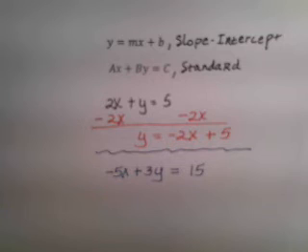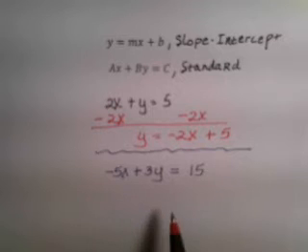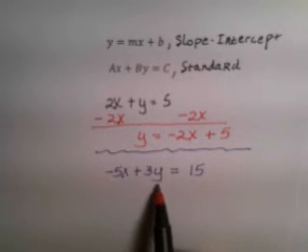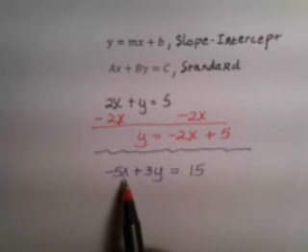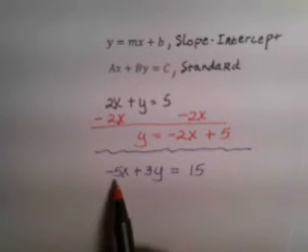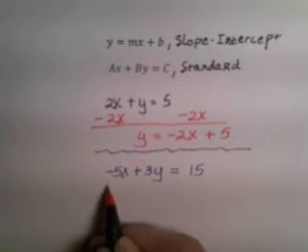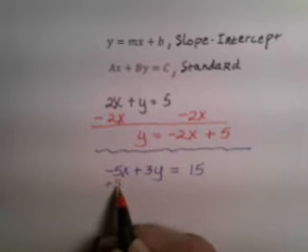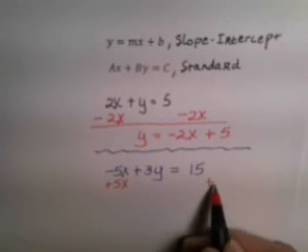If we want to get this one in slope-intercept form, and slope-intercept form really is a much handier form of the equation, we're going to isolate the y. We're going to do the same thing we did before. We're going to subtract, or add, in this case, the x term first. Here we have minus 5x, so we're going to have plus 5x on both sides.